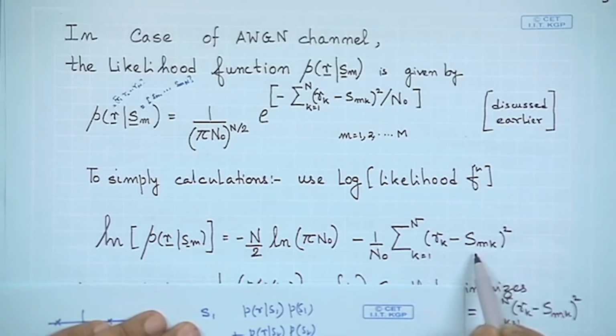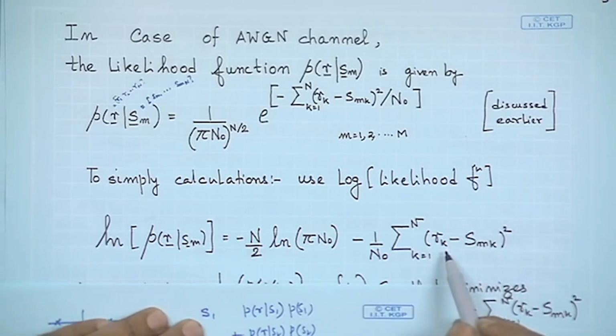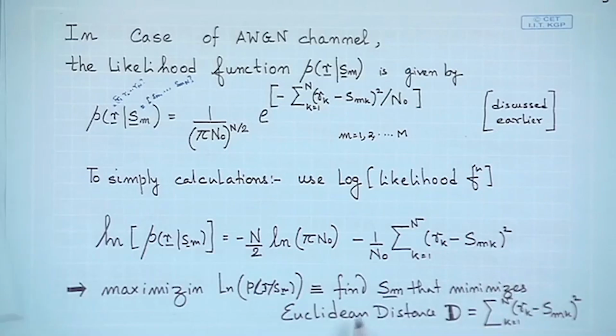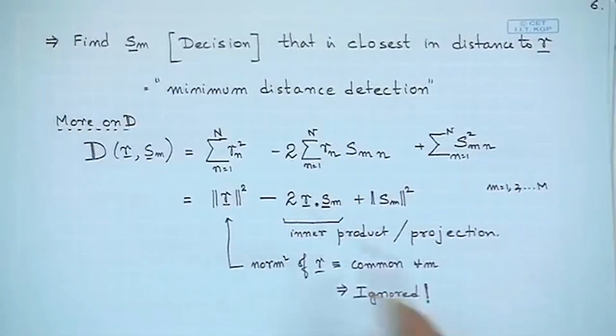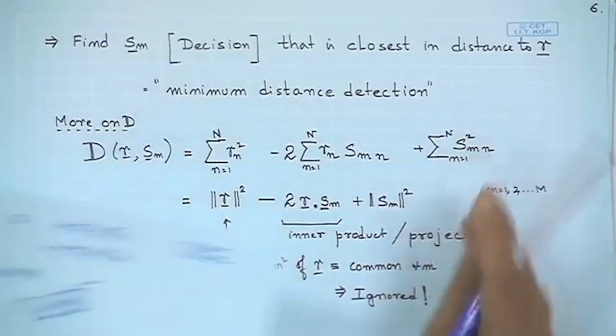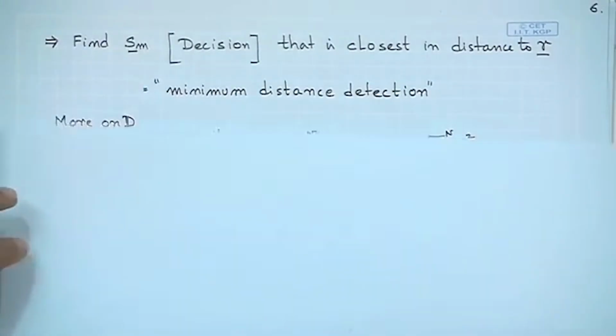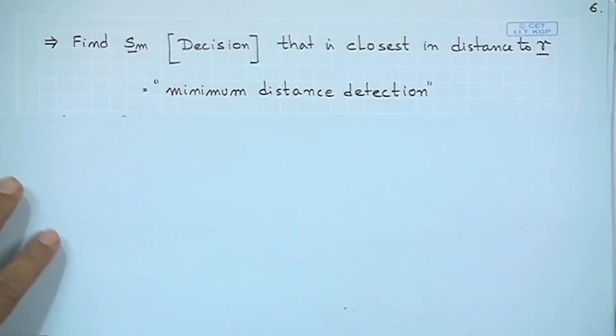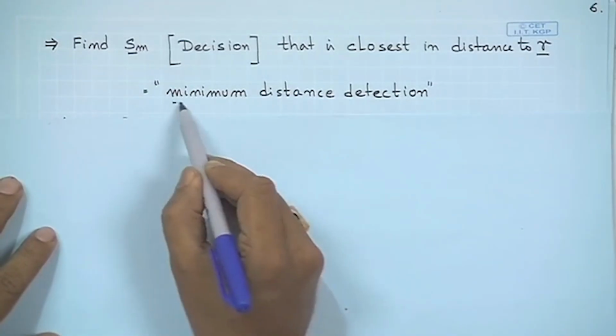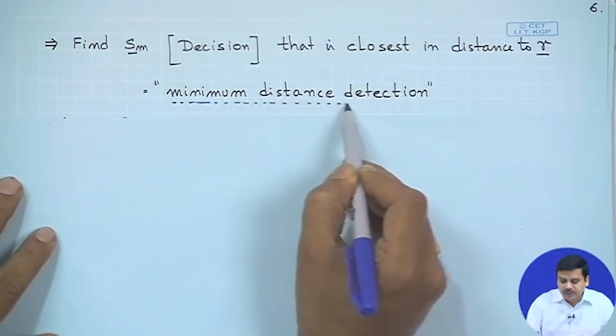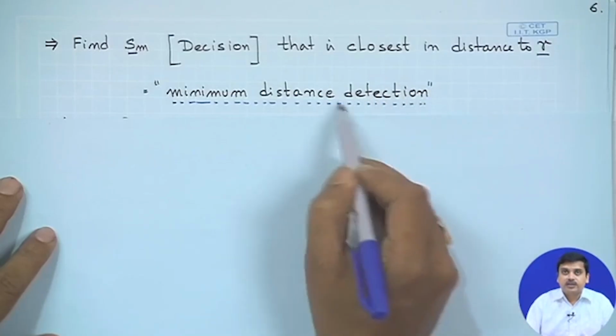So, what we are trying to say is that we want to find the vector Sm which is closest to the vector r. That is why we call this expression the Euclidean distance, and our result is to find the Sm that is closest in distance to r, which could also be called minimum distance detection. So, we are still in the detection problem.